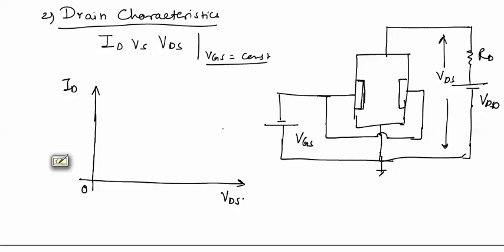Now this time we will keep this VGS at a constant value, and we will vary this voltage VDS.